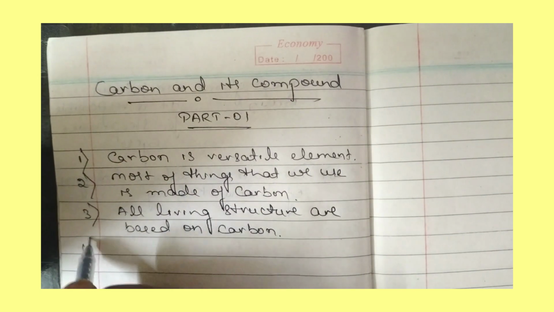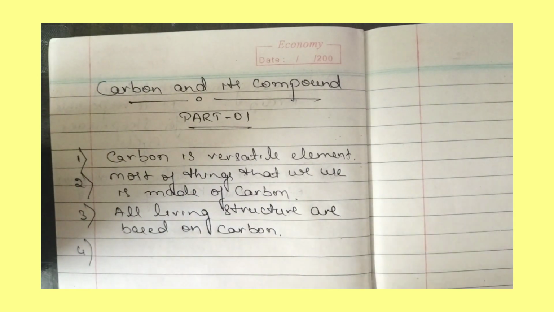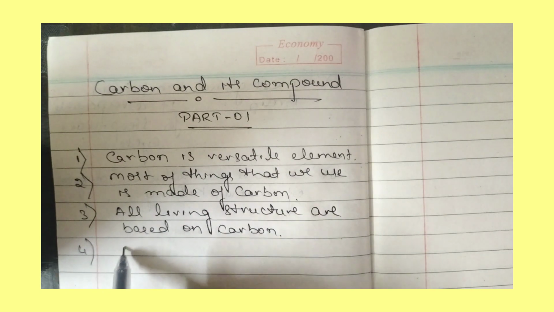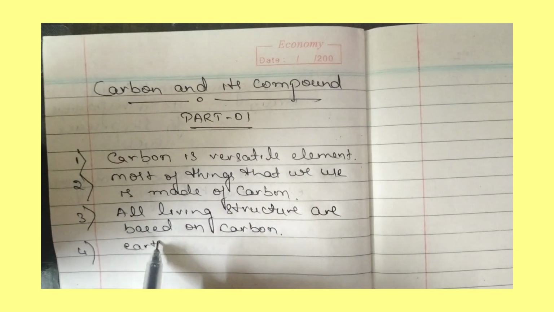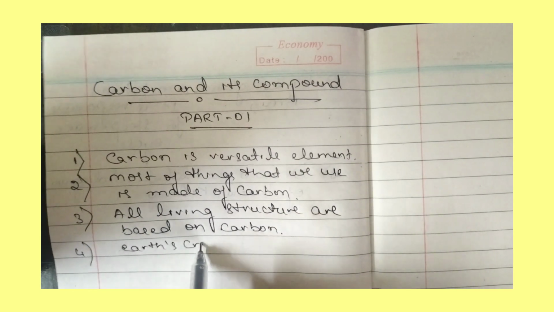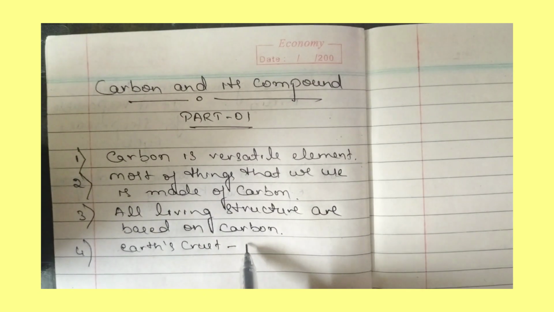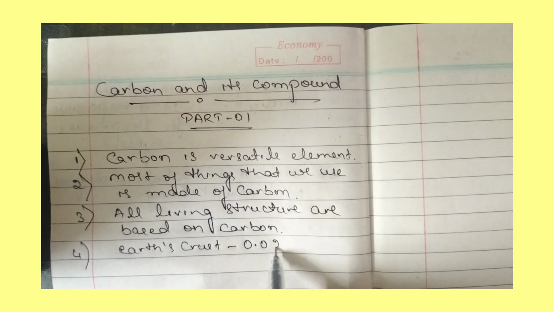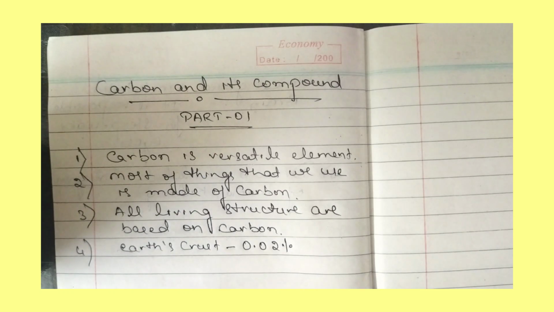Then coming to the fourth point, what is the percentage of carbon that is present in the earth's crust? In the earth's crust, 0.02% carbon is present.